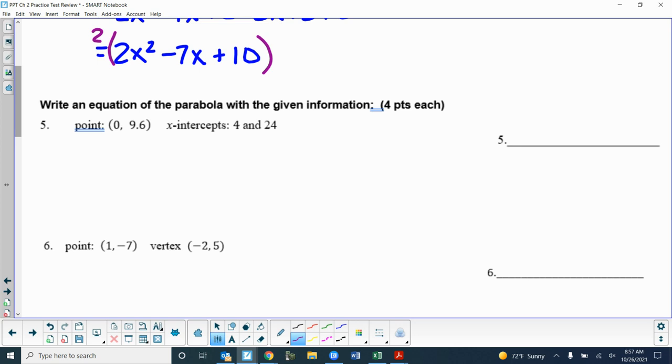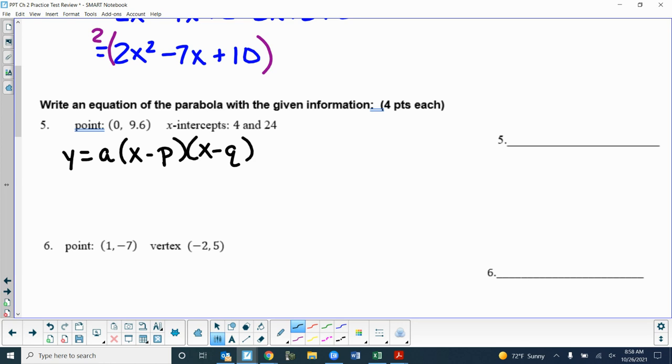Write an equation of the parabola with the given information. Okay? So they give us the x-intercepts, right? So we're going to put it in intercept form. Remember, intercept form is y equals a times the quantity x minus p and x minus q.